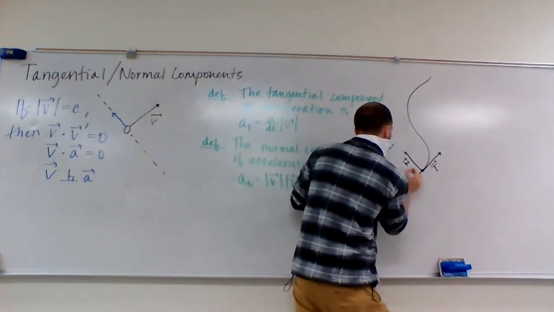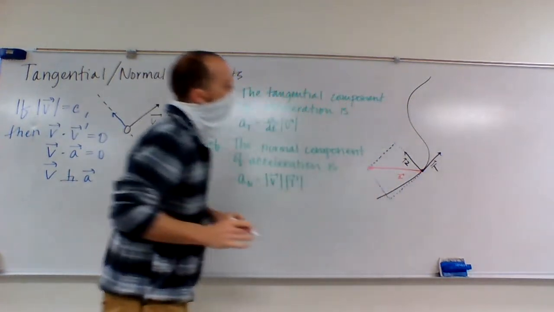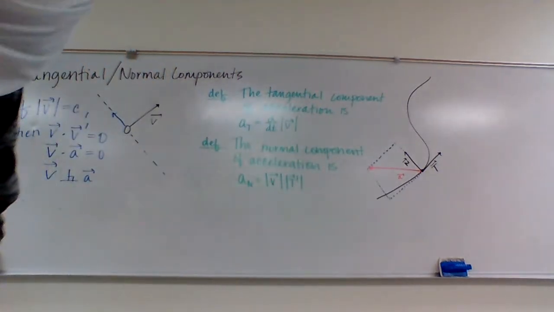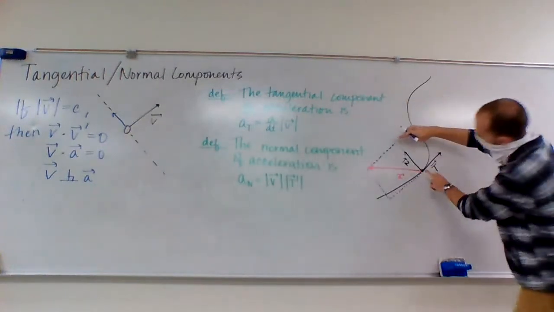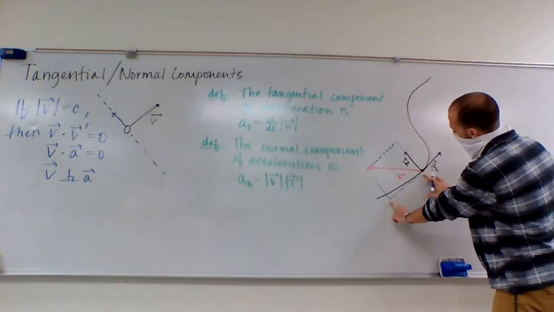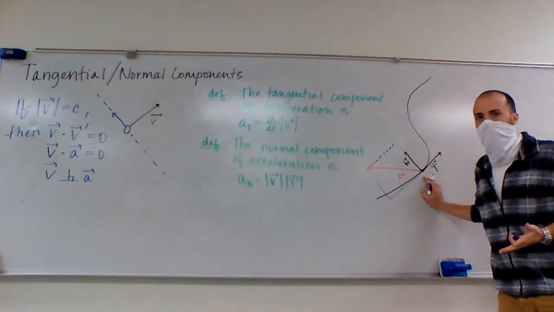And so it's going to be straight to there. Okay, and so what you can say pretty easily is that this thing right here, this is the normal component of acceleration, and this is the tangential component of acceleration. And you can see that it's clearly related to the projection of a vector.